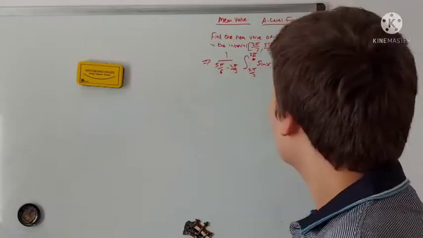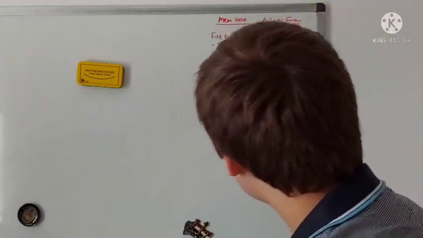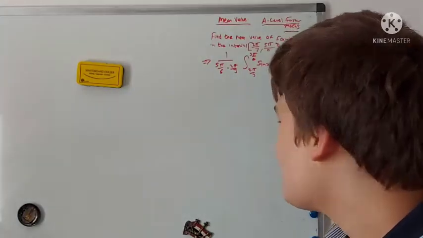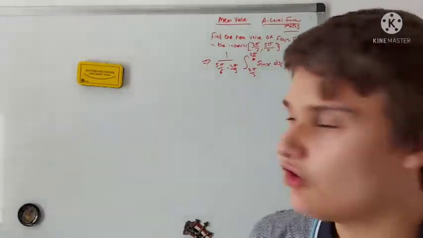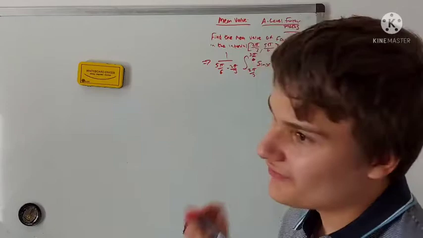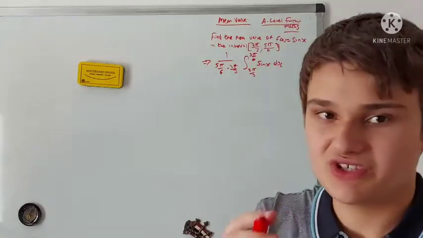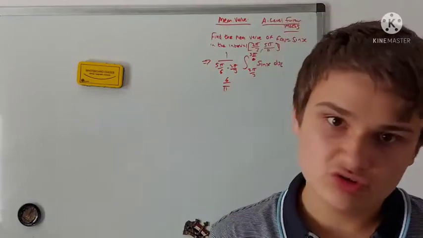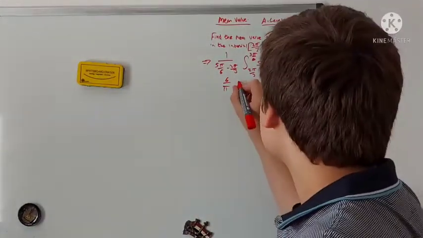Okay. So 5 pi over 6 take 2 pi over 3, well, common denominator will be 6. So 5 pi take 4 pi, which gives me pi over 6. But 1 divided by that will flip it, so it'll be 6 over pi, won't it? You need your fractions knowledge to be quite on point here.